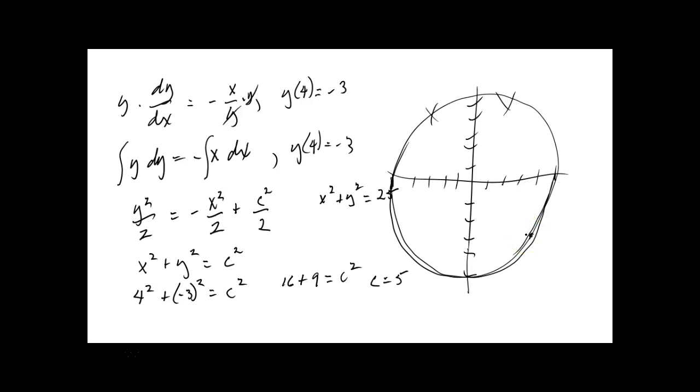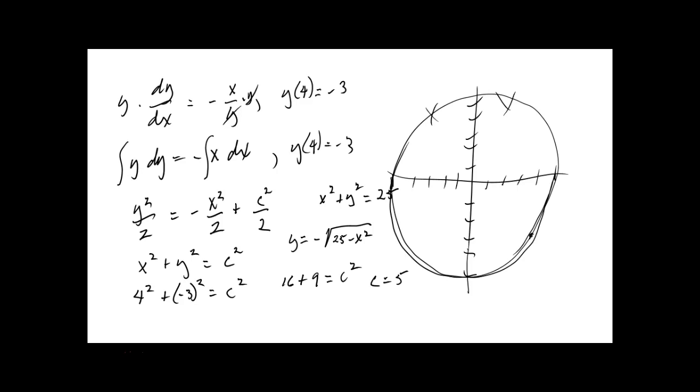This will do it. So, here's another way of doing it. Let's write this in terms of y. So y is equal to minus the square root of 25 minus x squared. Isn't that that circle? And it can't be positive.